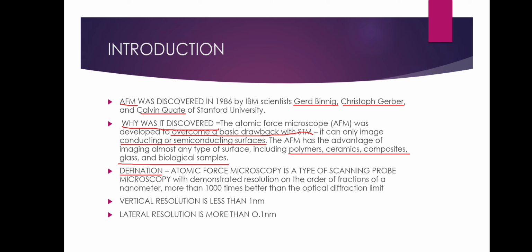Since the image formed is in 3D form, we need to measure the vertical resolution as well as the lateral resolution. The vertical resolution is less than 1 nanometer, and when we measure it, we get to measure the depth or height of the object.